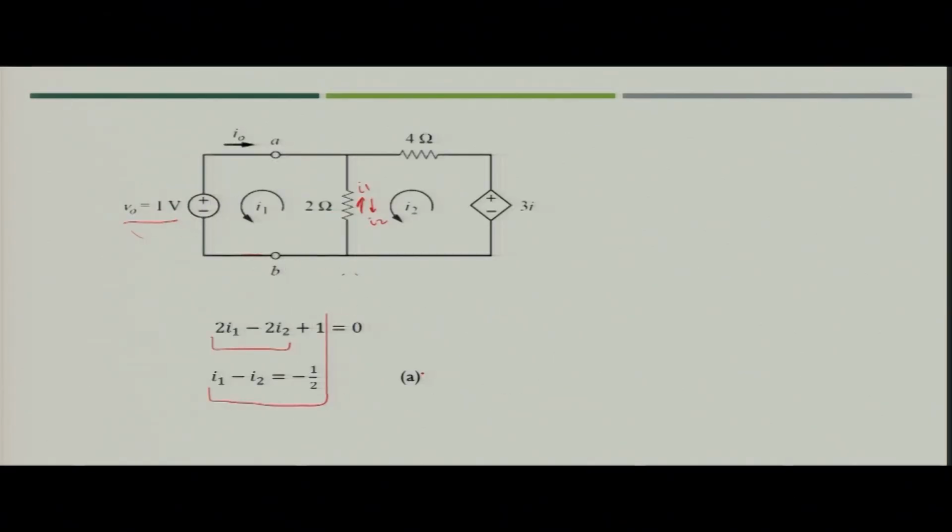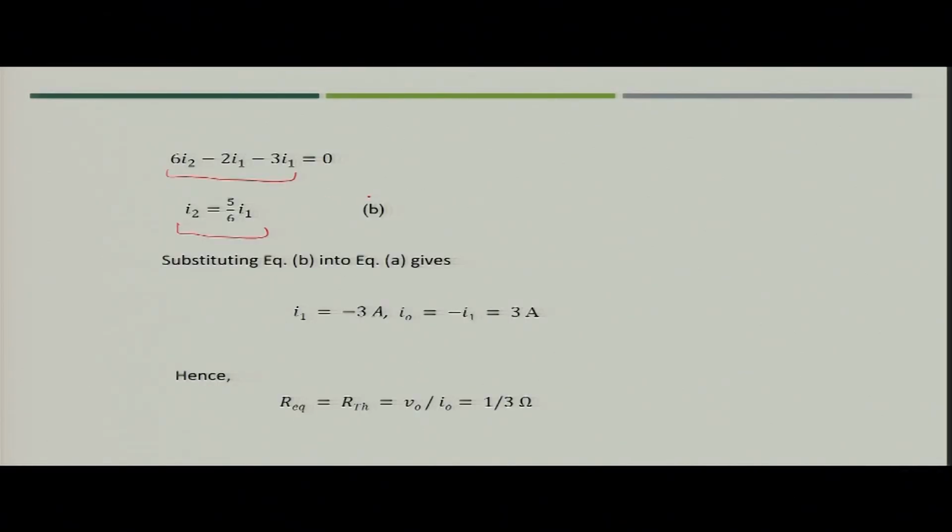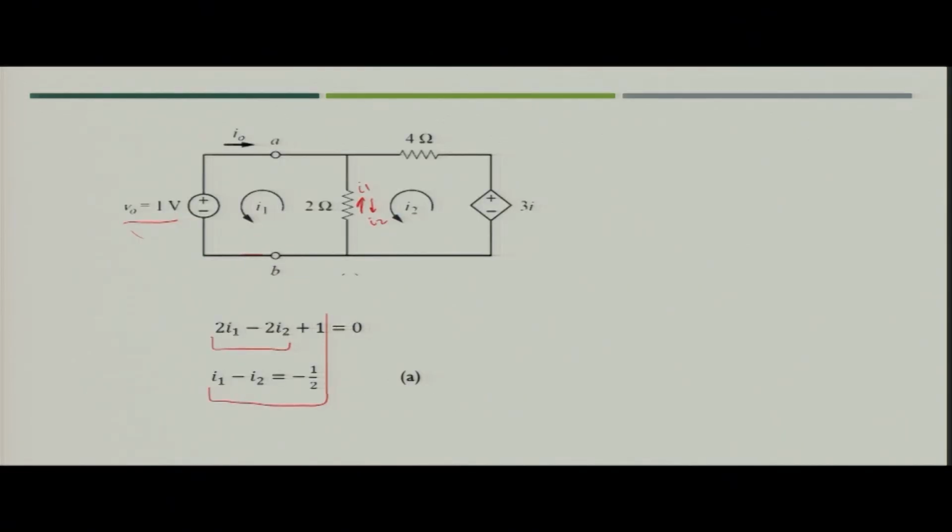Now, we have two equations, A and B, in terms of I1 and I2. If we solve, we get the value of I1 as minus 3 ampere. Now, I1 is opposite to the direction of I0, which is the current flowing through the 1 volt voltage source. So, the value of I0 will be minus of I1.